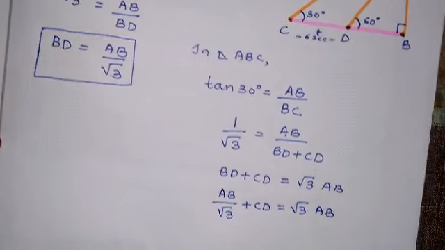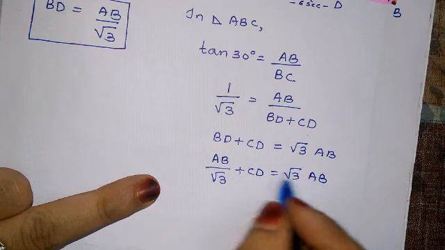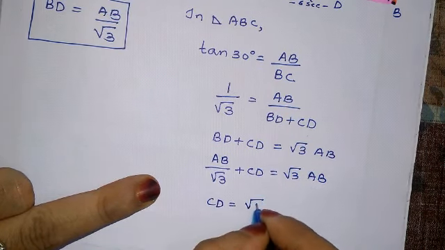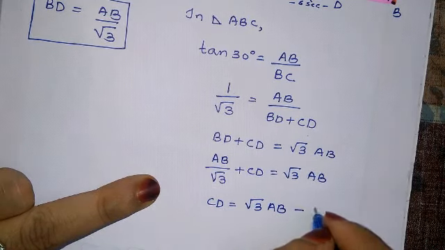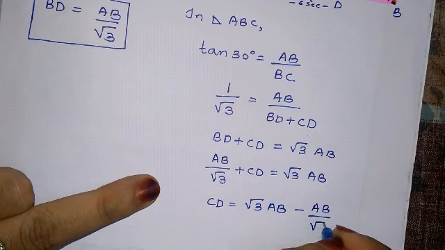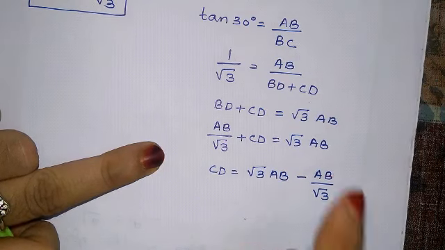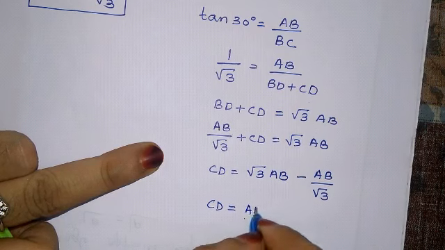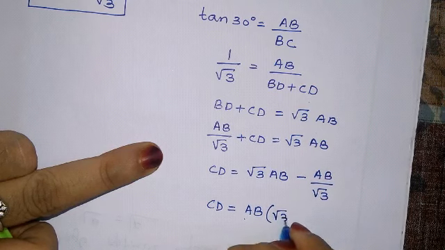Now, we can see here both are AB, same like terms. We will take one side. CD is equal to root 3 AB, this side only. This I will take here, minus AB by root 3. We can see here AB is common in both the terms. AB I'll take common. Root 3 minus 1 upon root 3, AB outside.